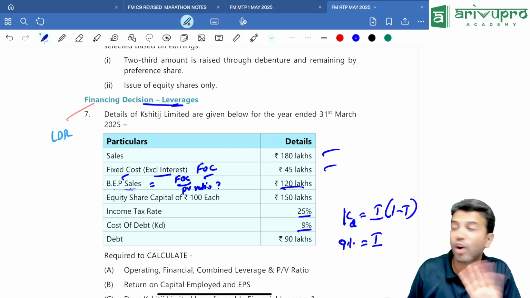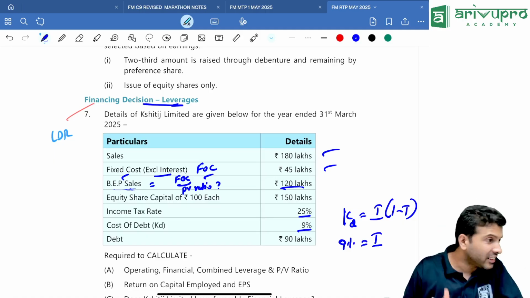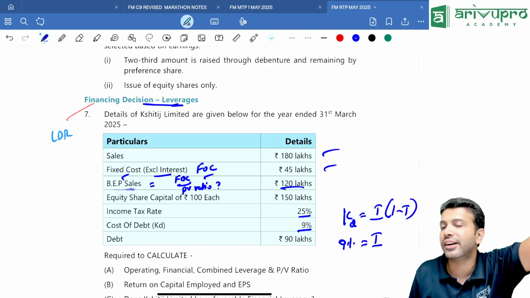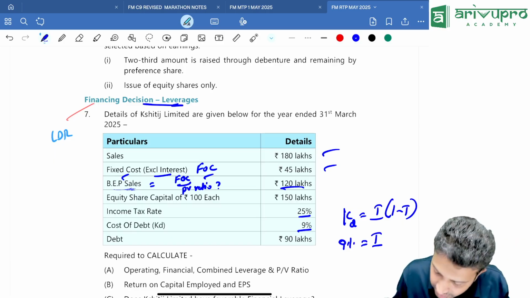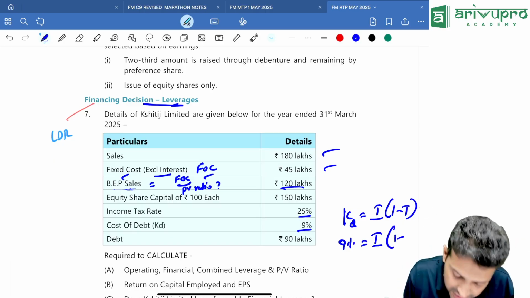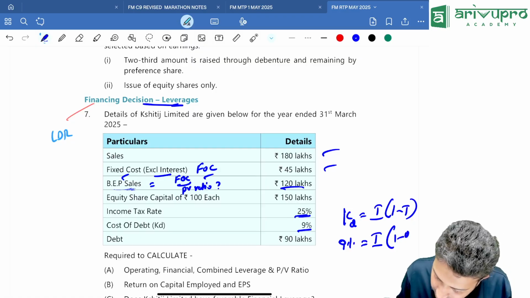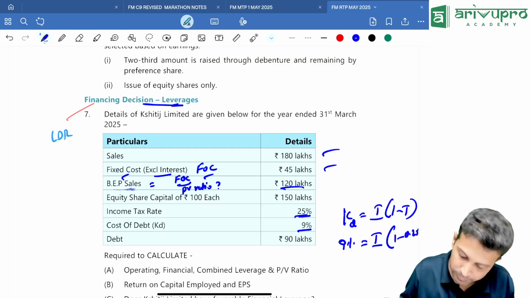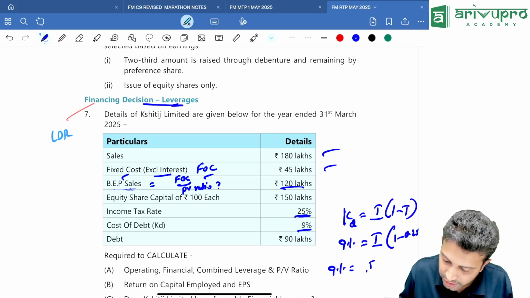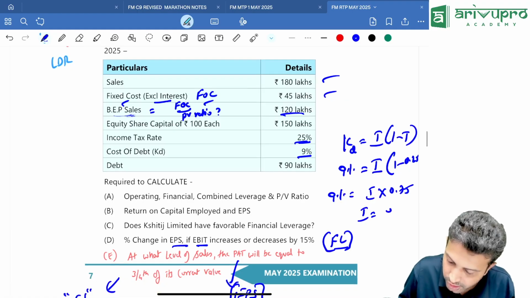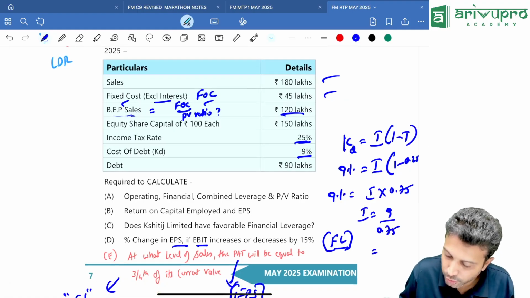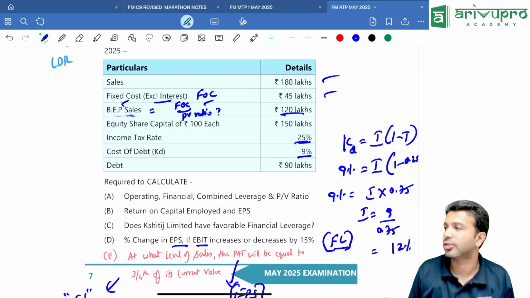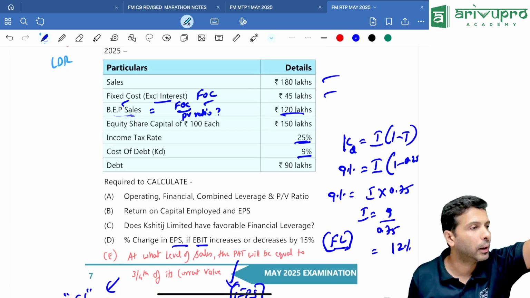We don't need cost of debt, we want interest, because on the interest rate we calculate the interest amount. The interest rate is not given. Tax rate is given, 25%, which is 0.25. So 9% is equal to interest rate into 0.75. Interest rate will be 9 divided by 0.75, which is 12%.